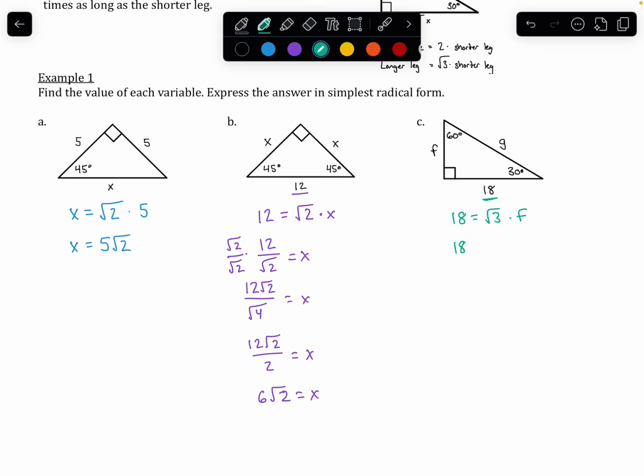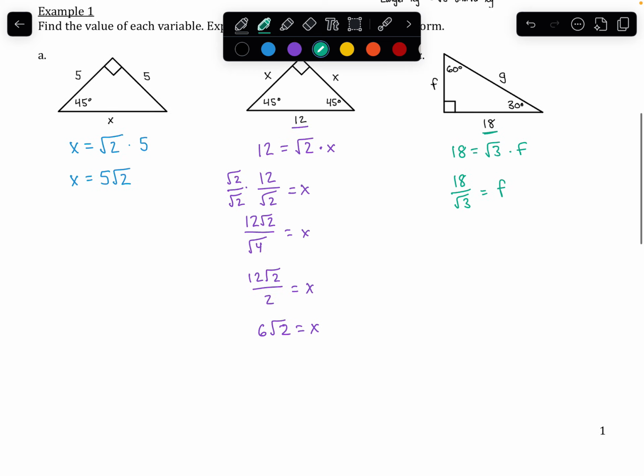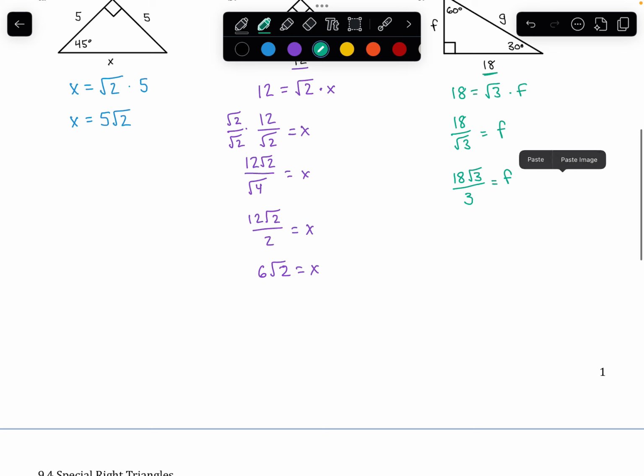So 18 divided by square root 3 equals f. So what I'm going to do is move that square root 3 to the top, divide, I can get rid of that square root there. Can simplify 18 divided by 3 is 6. So 6 square root 3 equals f.